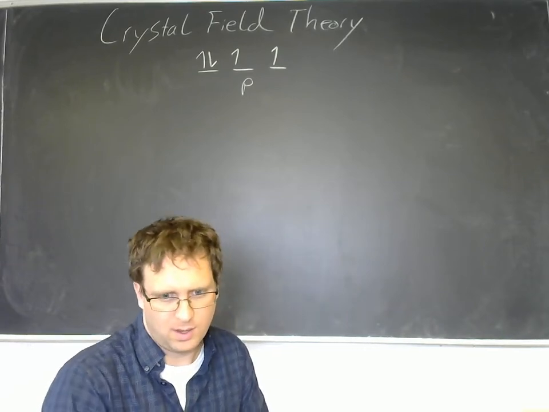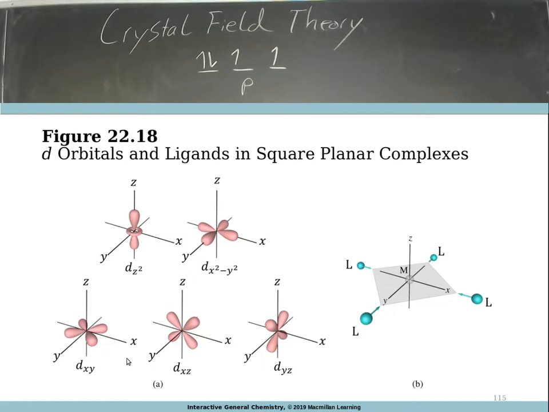All right, and then lastly, we've got square planar complexes, and these ones are like the worst of all. So dx squared minus y squared is pointing directly toward all 4 ligands, and so that one is going to be the highest in energy. The dxy is pointing between them, but they all lie in that xy plane, and so that one's the next highest.